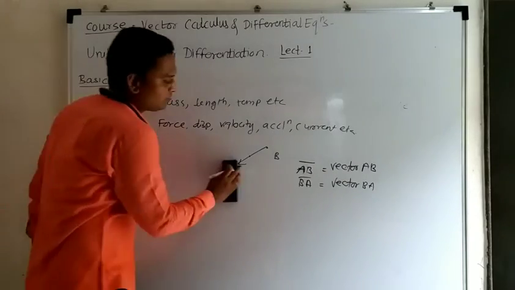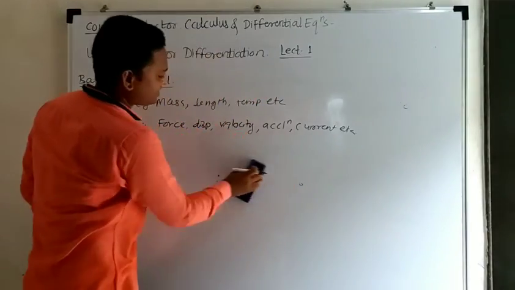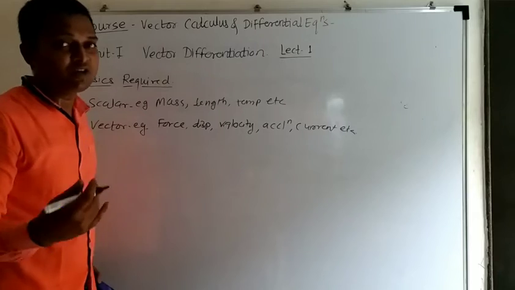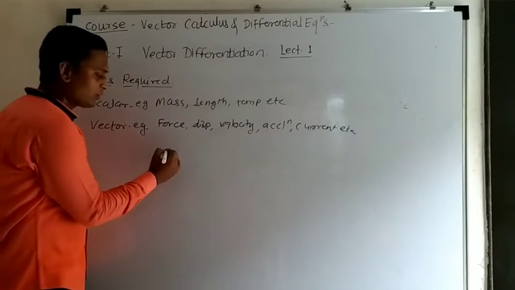And one more thing, we know that a vector has both magnitude and direction. So how one can calculate the magnitude, what notations we have for magnitude and direction, that I am going to write.